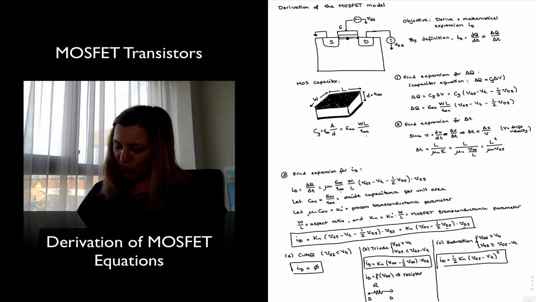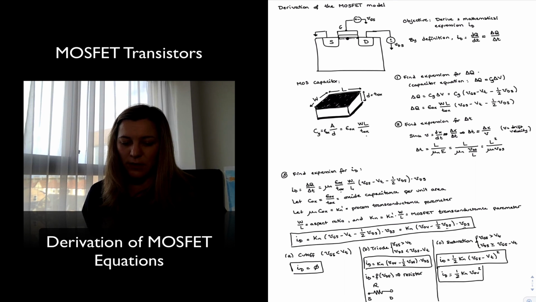And so, as I mentioned before, we can see now that once we enter saturation, there is a quadratic relationship between ID and VGS minus VT. I can also write this as follows. ID is 1/2 of Kn times the overdrive voltage squared. So either one of those will be valid.